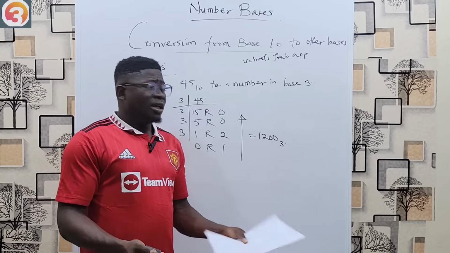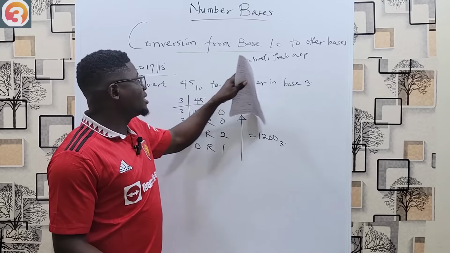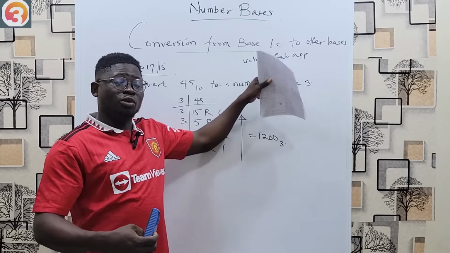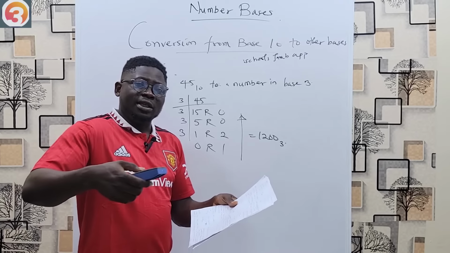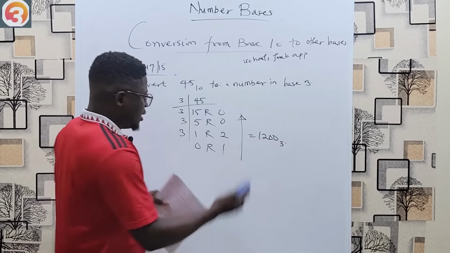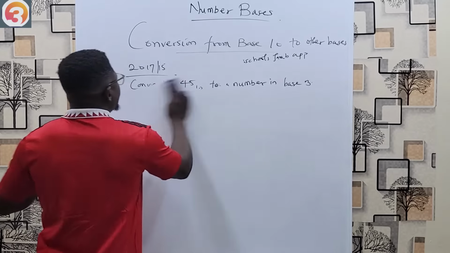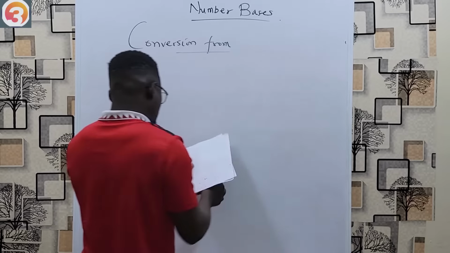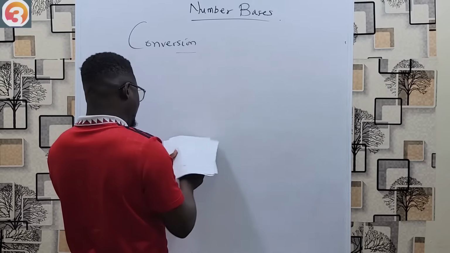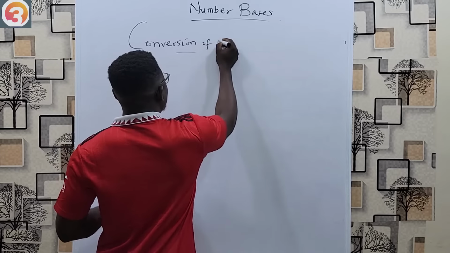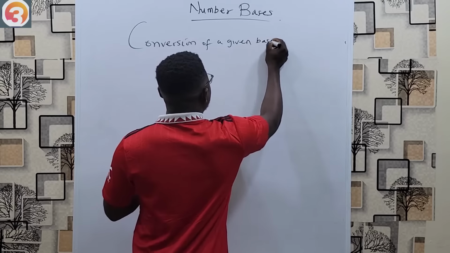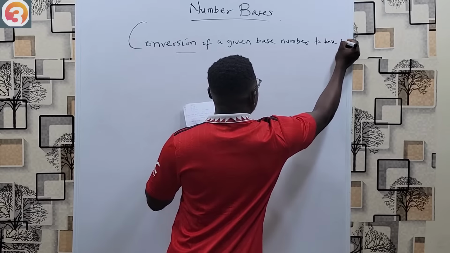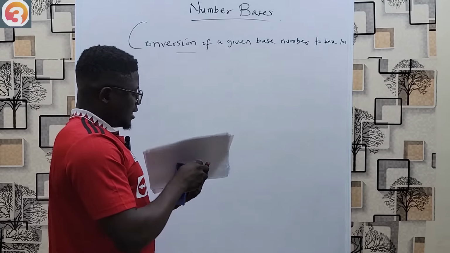While we use repeated division when converting from base 10 to other bases, when converting from other bases to base 10, we do expansion of the given number in the base we are given. So let's go with that speed.